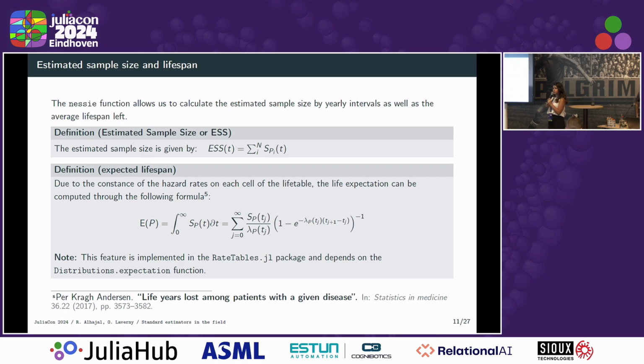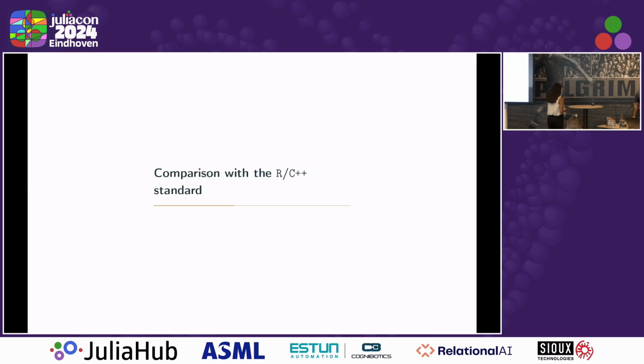This is implemented in the rate tables package that was constructed complementary to the net survival package because we saw a need to have an independent package that deals with rate tables as well. And it relies also on the expectation function from the distributions package.